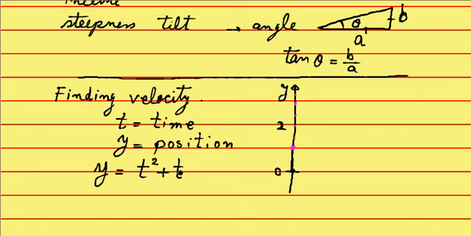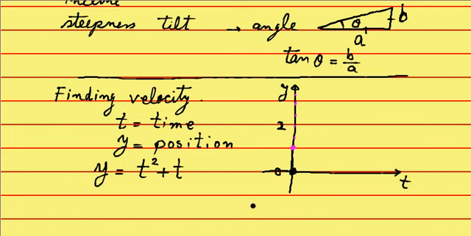Now if you want a convenient way of showing the t values as well, the best way to do it is to graph y versus t. So I make my horizontal axis t. The object is traveling over there. When t was 0, I'm here.